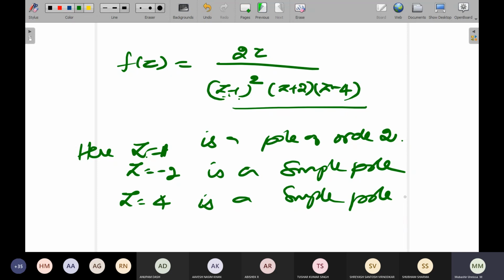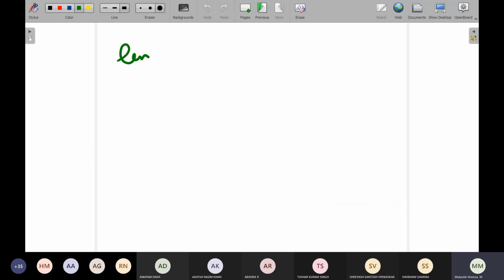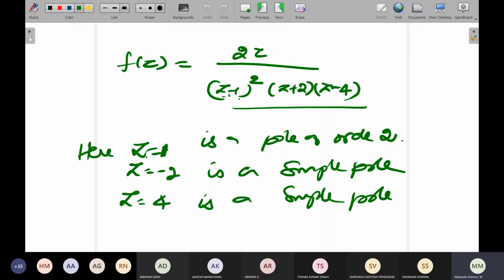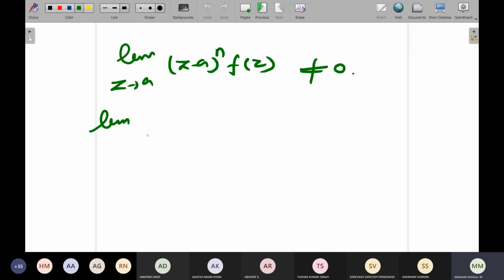How do you say all these things? By the definition of the pole. What is the definition of the pole? Let me explain for one again. The limit as z tends to a of (z minus a) whole power n into f of z should not be equal to 0. For the first one, I said it is a pole of order 2, so I can write the limit as z tends to 1 of (z minus 1) whole square into f of z. What is my f of z?